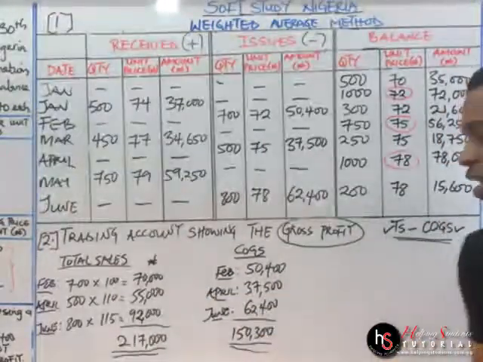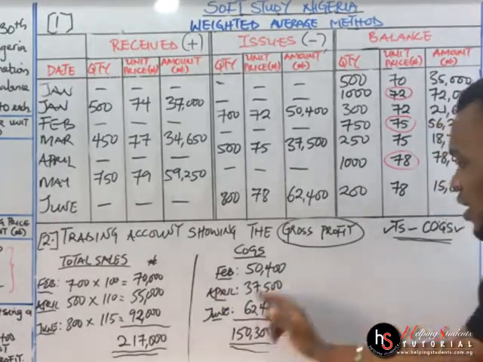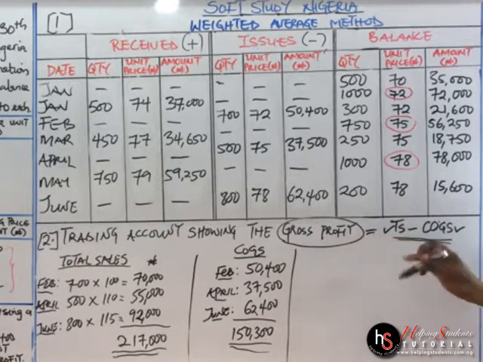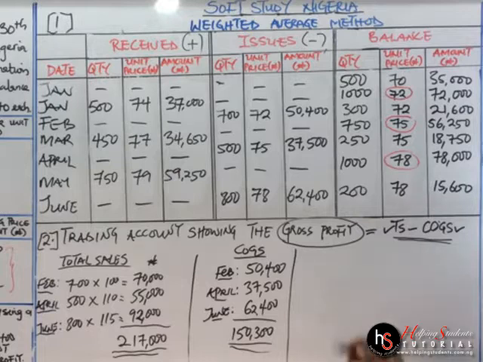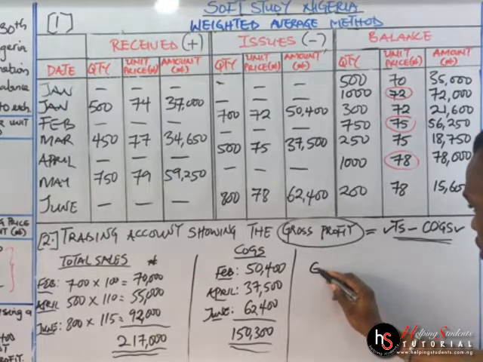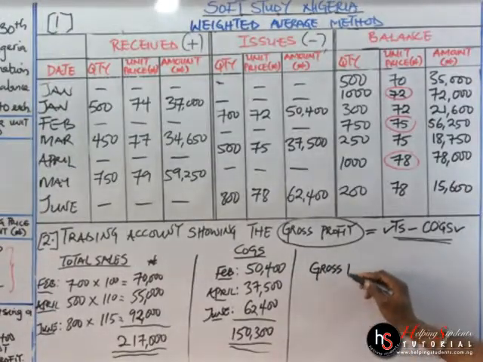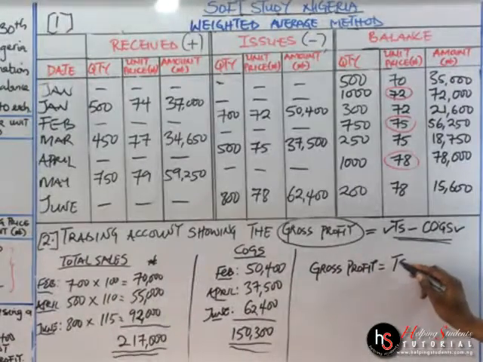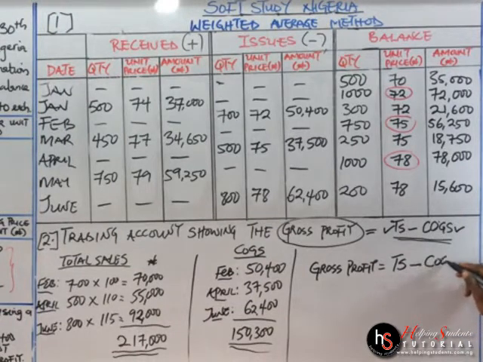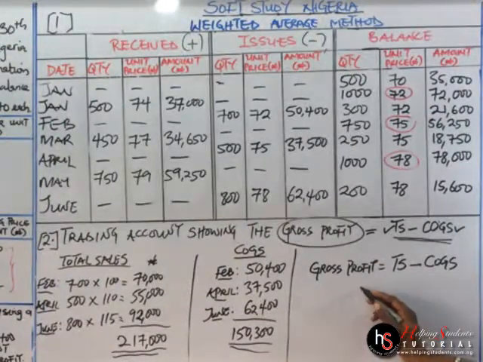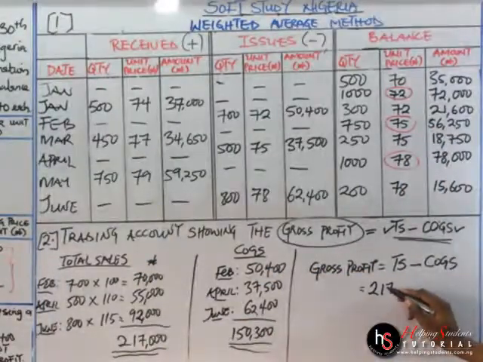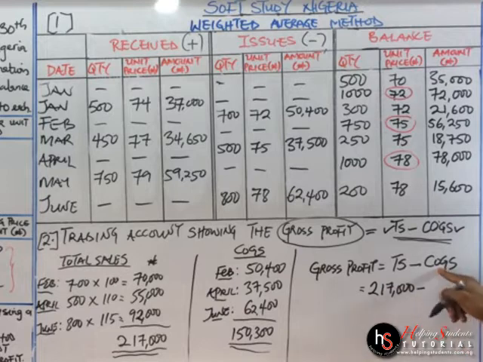So let us apply the formula. And what does the formula say? The formula states that the gross profit is equal to total sales minus cost of goods sold. And what is our total sales? The total sales is 217,000 minus cost of goods sold.